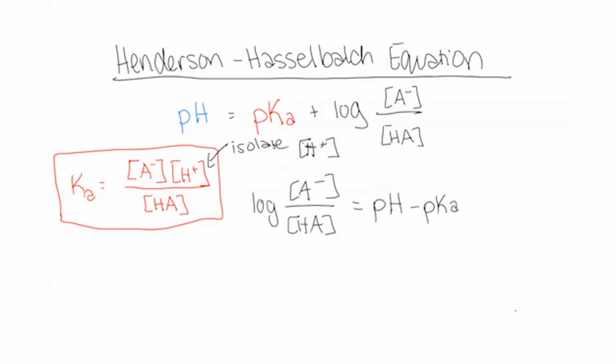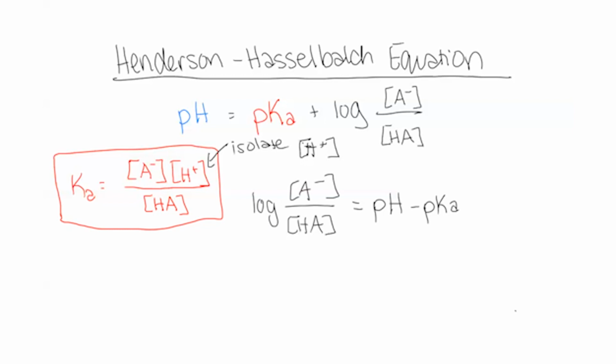Why this is useful is if, say, we're at a given pH and we know the pKa, are we going to have more acid or base in that form? How much of it is going to be protonated? How much of it is going to be deprotonated? That's going to depend on the pKa and how far away from it you are with the actual pH.